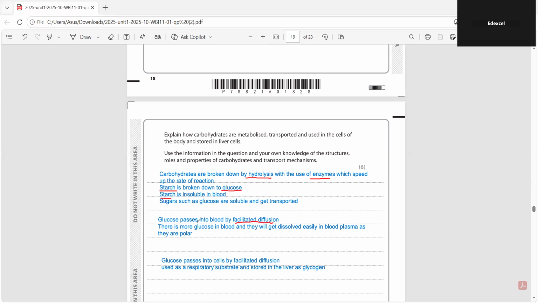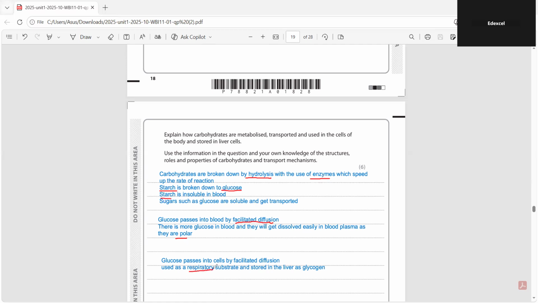And there's more glucose in blood and they will get dissolved easily in blood plasma as they are polar. So glucose molecules are polar molecules, so they will get dissolved easily in blood plasma. Glucose passes into cells by facilitated diffusion and it is used as a respiratory substrate and stored in the liver as glycogen.